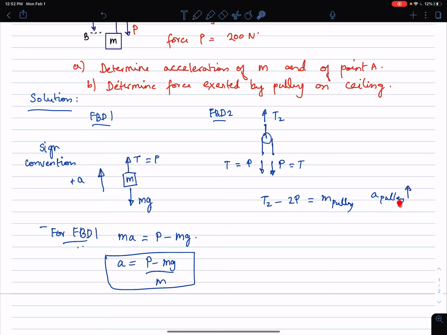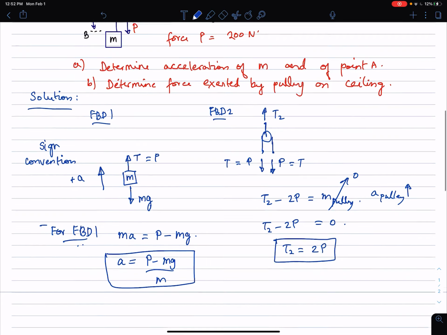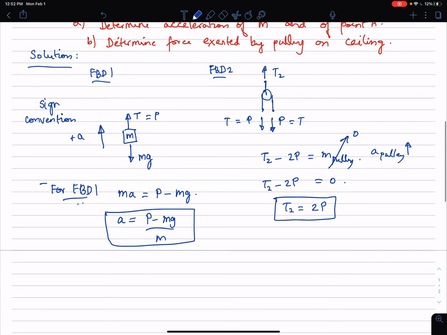So if you say A pulley is measured upwards, this is going to be an equation for the pulley, but because the mass of the pulley is 0, it's massless, we have T2 minus 2P equal to 0, or T2 equals 2P. Okay, and that's the answer, right? So this is basically 400 newtons. This is the answer for part B, and the earlier result is the answer for part A.